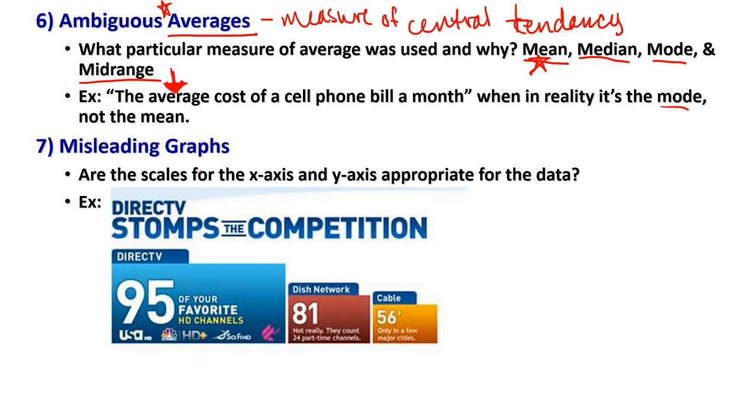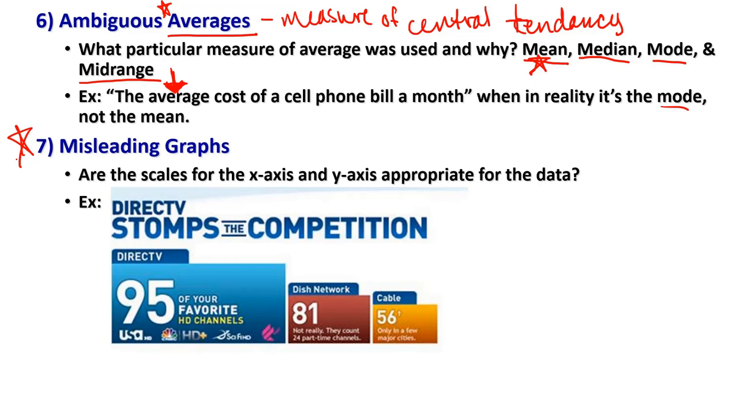A misleading graph is probably one of the number one ways that statistics can be misused. It is so crazy how many graphs can be misleading, with so many viewers of those graphs not even catching the reasons why they're misleading. So here's an example of a misleading graph.